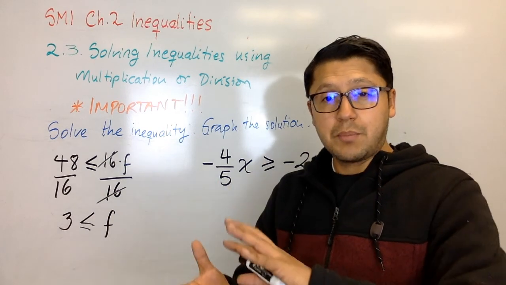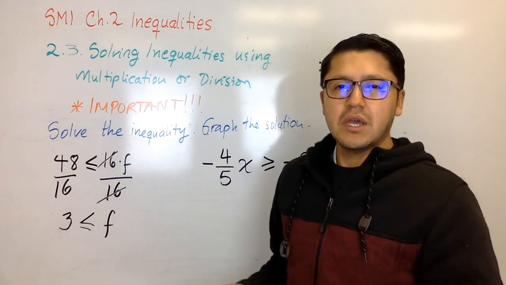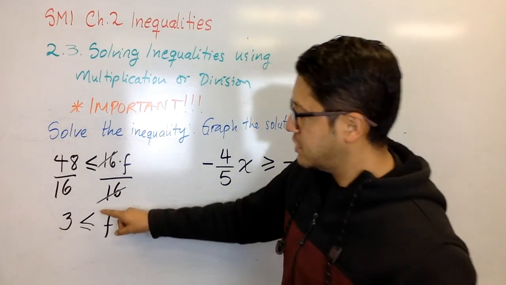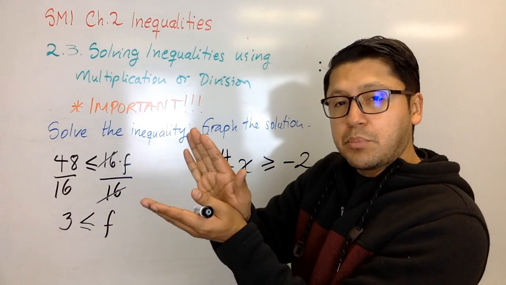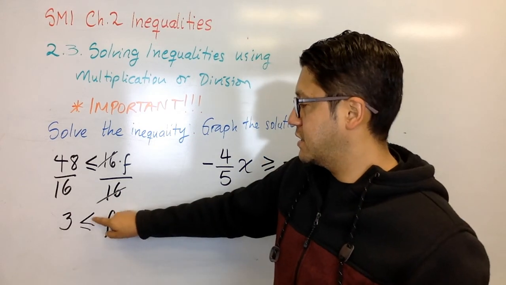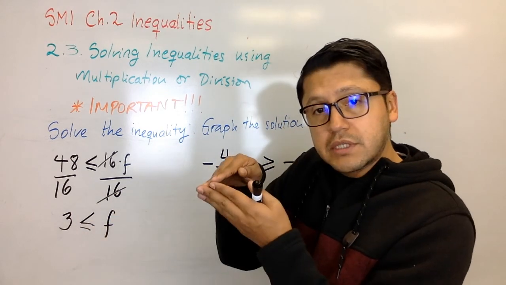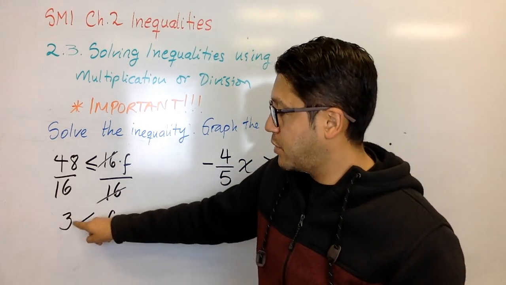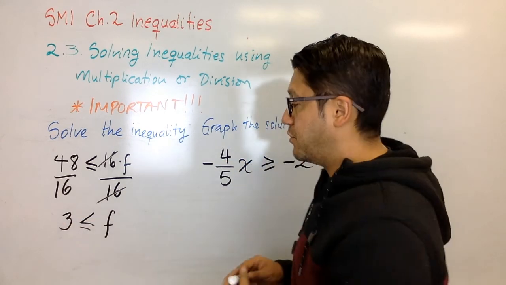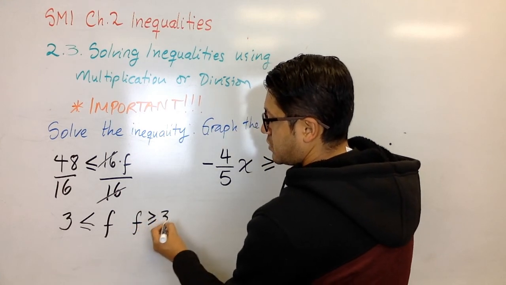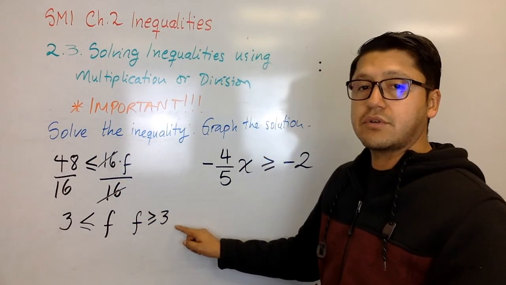I can also swap it, because usually we see the variable on the left side of the inequality. Remember something, the open part of the inequality is facing towards the variable, and the pointy part is facing number 3. So I can also write it this way, that any number is greater than or equal to 3.